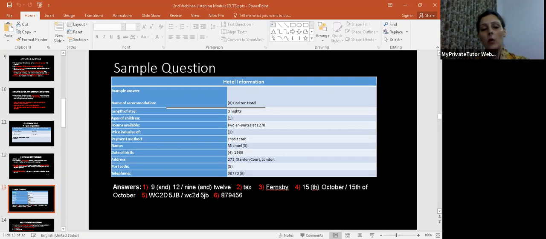So what we have caught is that he was talking about 9 and 12 years old children. You're going to mention that in number 1. Then they want us to answer price inclusive of tax. Yes, he was asking about the price of a room, the rent of a room, which must include all the expenses, all other details, all other taxes also.